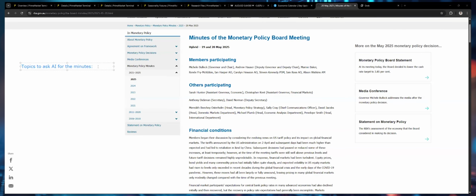Okay, perfect. So the first thing is: what did they decide? I know it sounds very clear. In this case, the RBA decided to cut the interest rates by 25 basis points, so that is 0.25%. But when you ask what they decided, sometimes it will give you a little more in-depth overview of what they actually did.